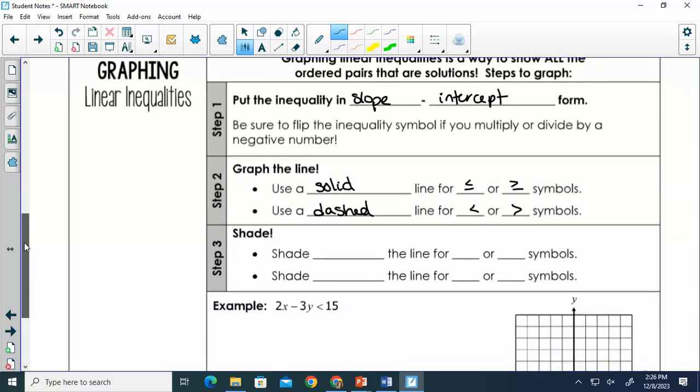Then we have to shade on our lines to decide which side of the line is part of our solution. Because it's not just going to be y equals something, it'll be y is greater than or y is less than. So we will shade above the line if it's greater than or equal to. We shade below the line if we have a less than or equal to.